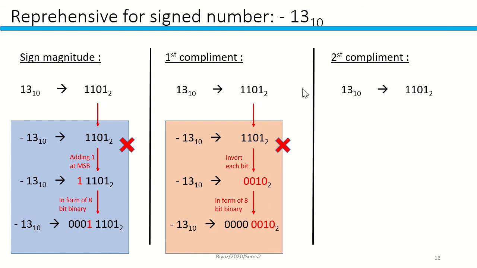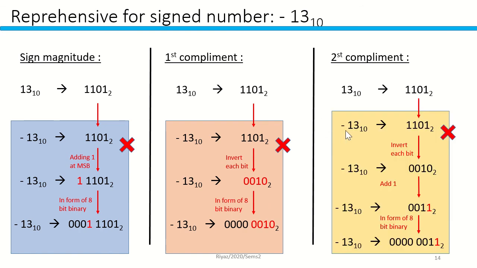How about second complement? Negative 13 is equal to 1101 as earlier. We're going to first invert 1101 to become 0010, and then we're going to add 1 because this is a second complement. So this is my bad.